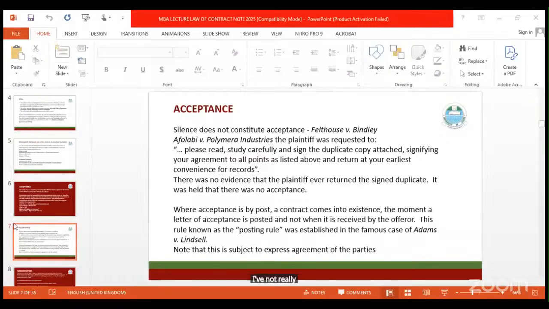I've not read every detail, it's the summary I just read through. I've not read the whole thing, but it's just the main point that I wanted to highlight.